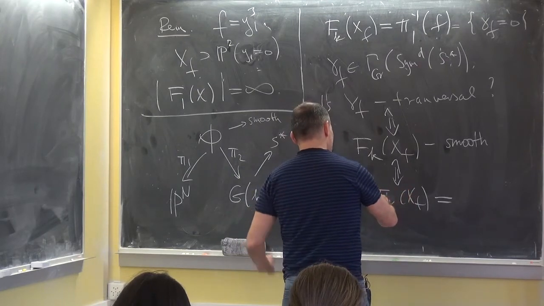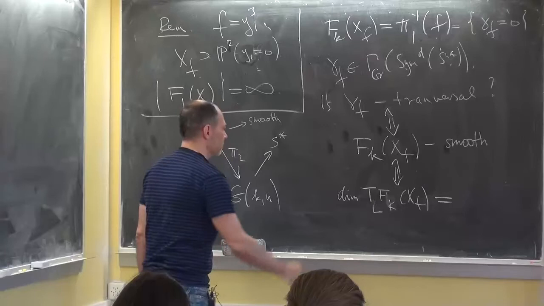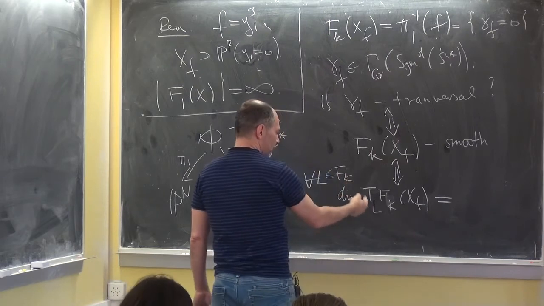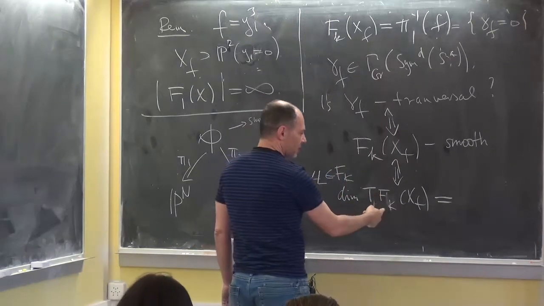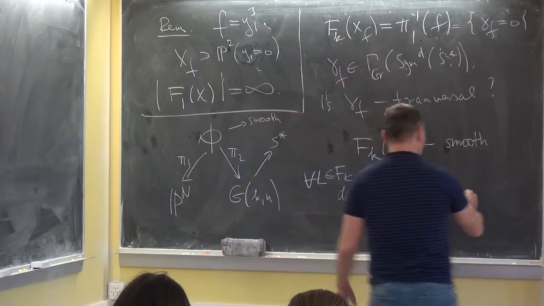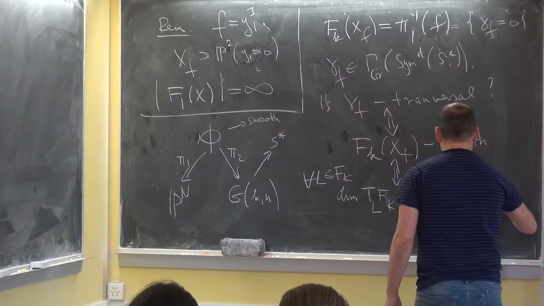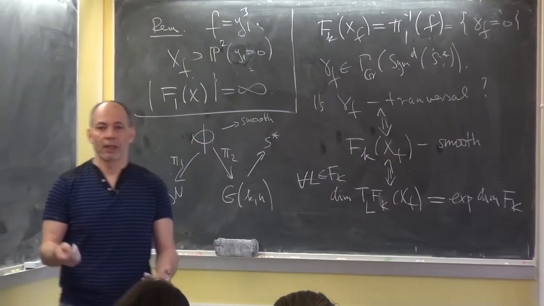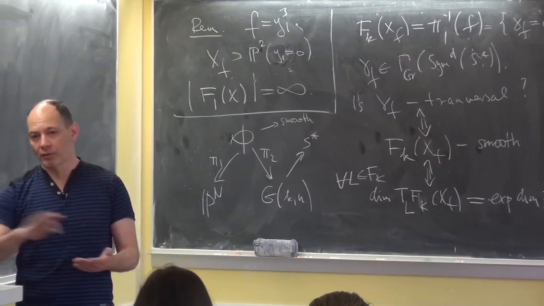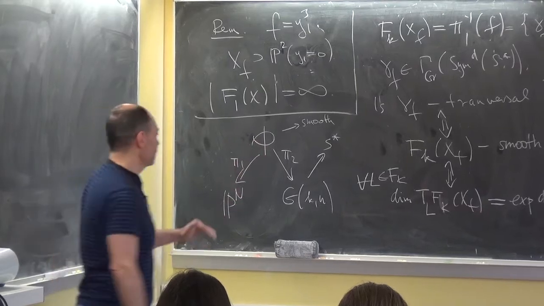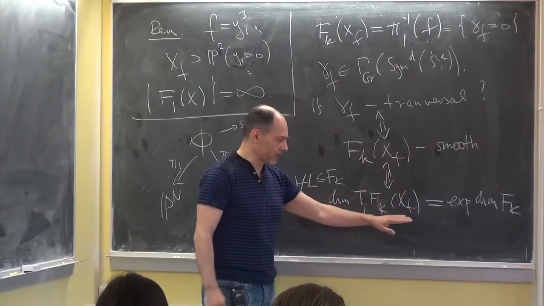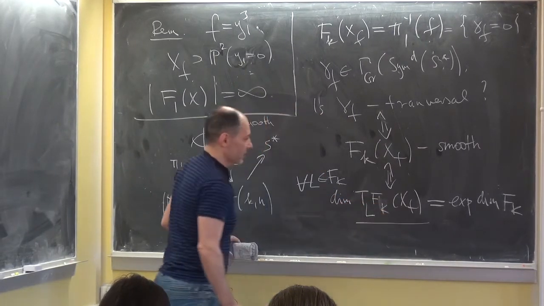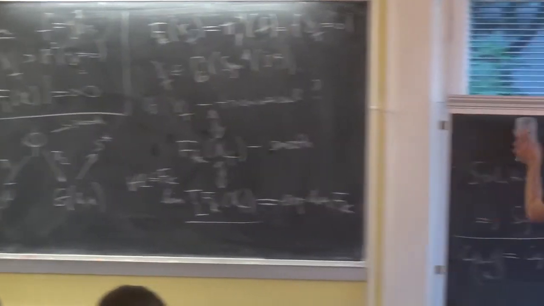What I mean to say is that I look at a particular element L: for every L in F_k, I look at the tangent space of F_k(X_f) at L, and this dimension should be the expected dimension of F_k. Because that was the definition of smoothness: there's an expected dimension of the variety. Now it's 0, so it's really easy. You want the actual tangent space of L at that point to have the same dimension as this. In our case, it's 0. Okay?